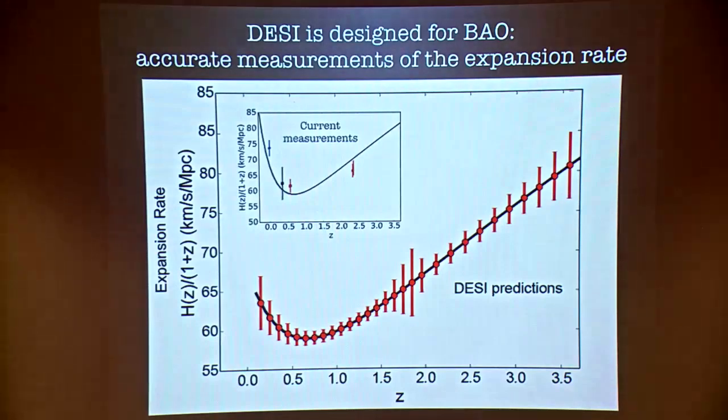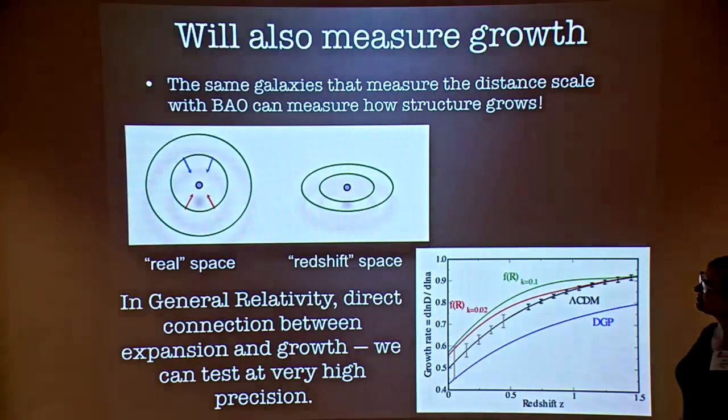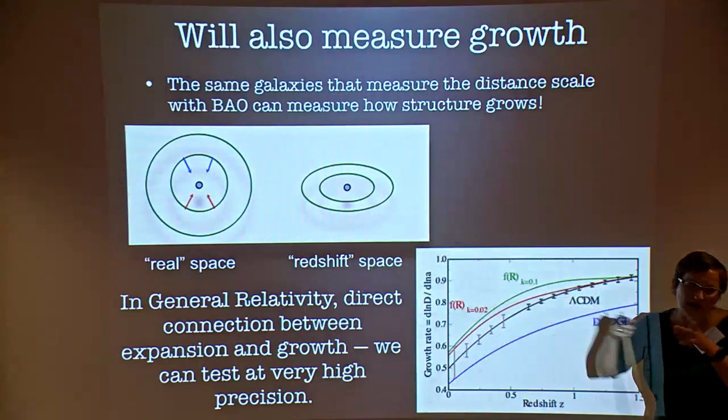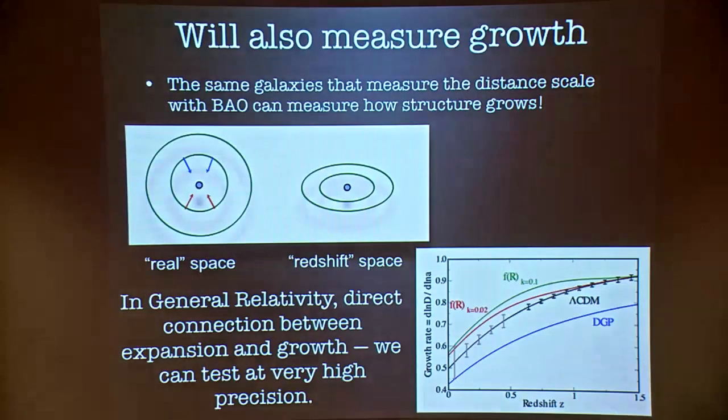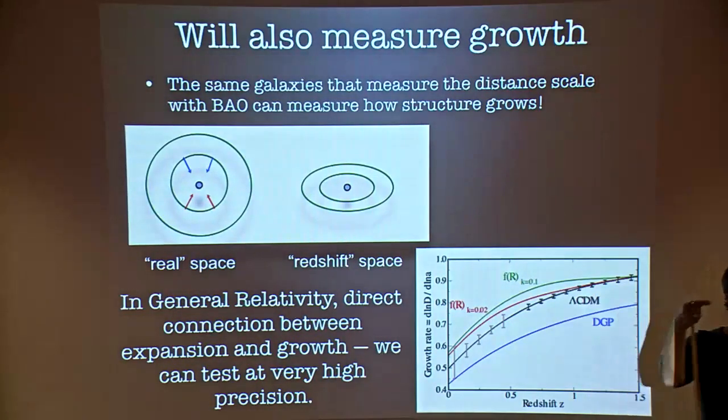This is the expansion history, but the other amazing thing about DESI is it also, at the same time, measures the growth of structure with the same 35 million galaxies. So that's a different kind of measurement you can make with the same objects. So what really happens is that in these dense regions, things get a little bit squished because things that are moving towards or away from you look a little bit different along the line of sight than they do along the sky.